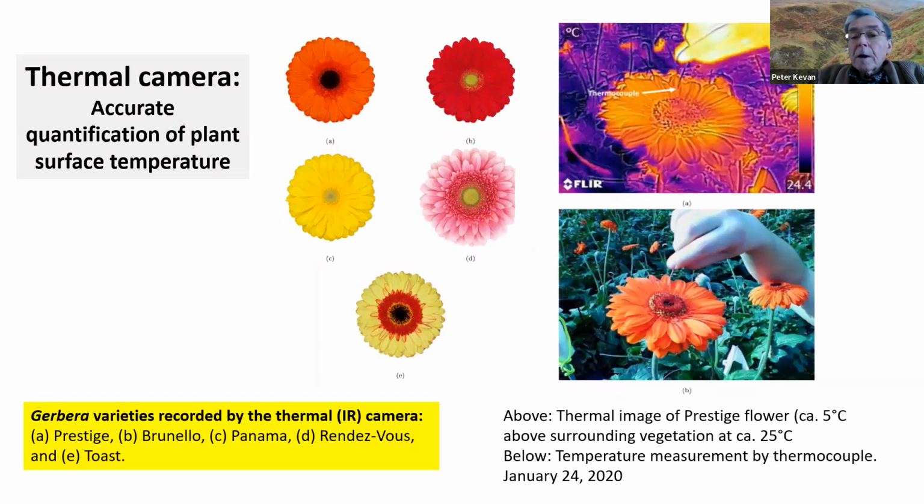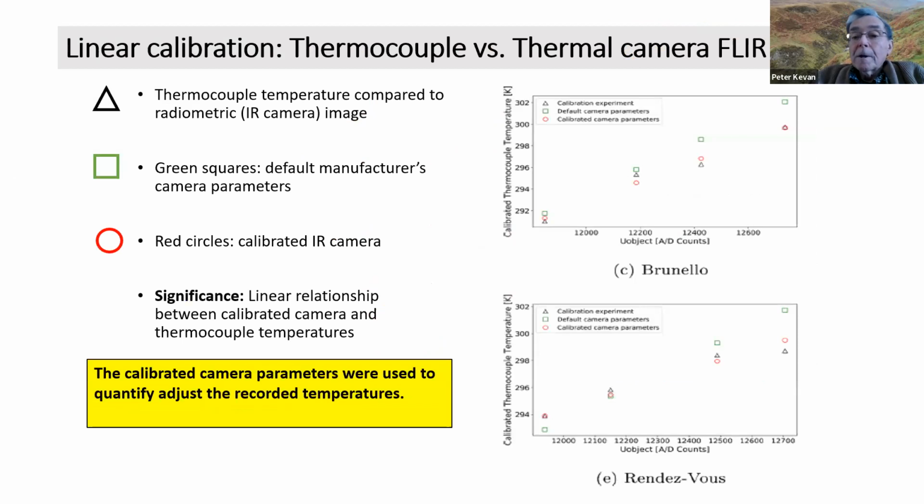And we ended up with these sort of results. So the thermal image in a flower of Prestige cultivar, 5 degrees centigrade above the surrounding vegetation, and temperature measurement by thermocouples higher than that. So a little bit of difference, and the next slide shows what happens when we start to calibrate the thermal camera against the thermocouples.